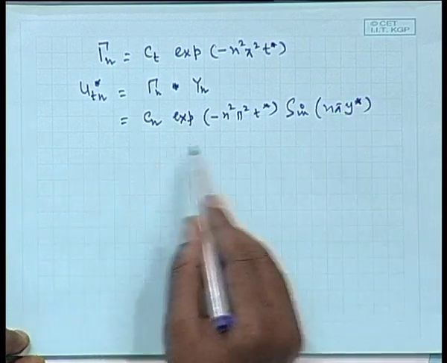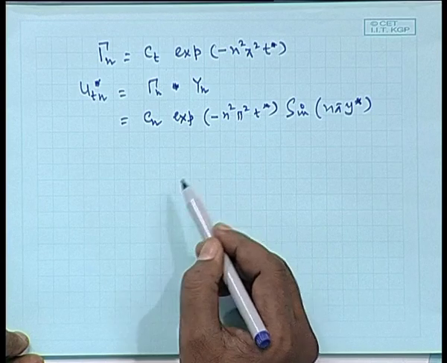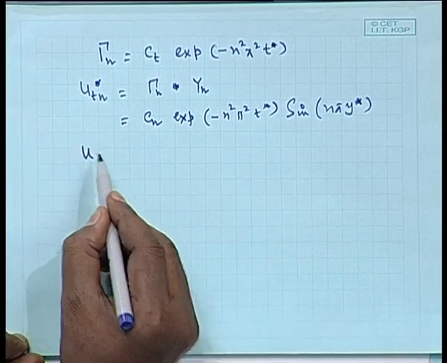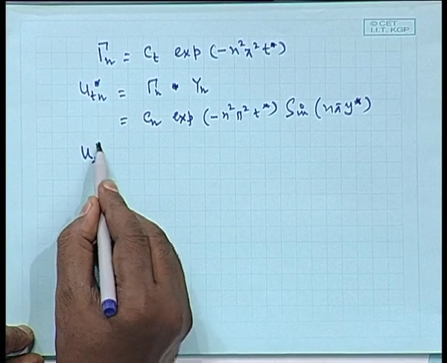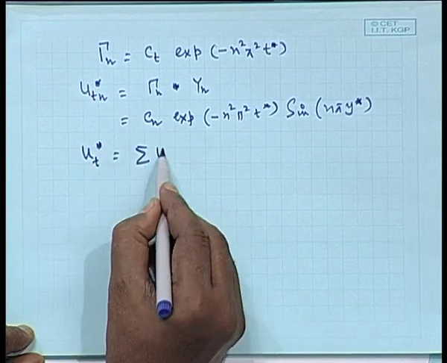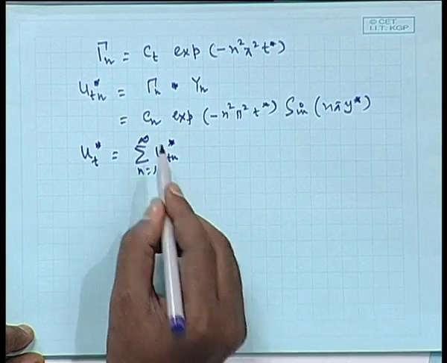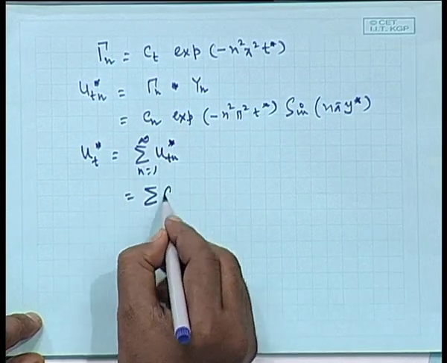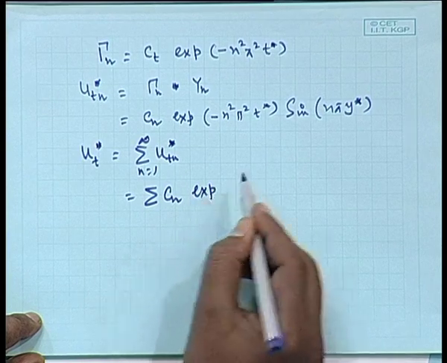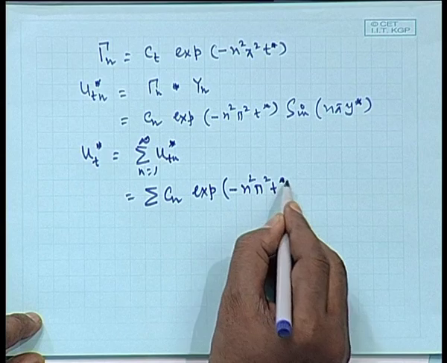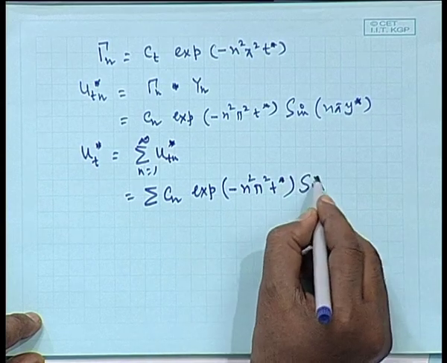Now, there will be n number of these solutions. You superpose by using the principle of linear superposition, and you will get the complete solution as u t star equal to summation of u t n star. So, it will be summation C n exponential minus n square pi square t star sin n pi y star.